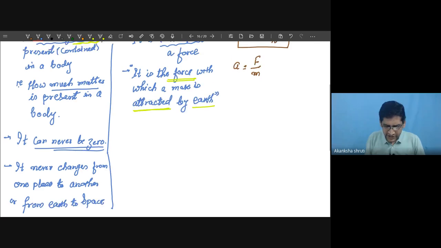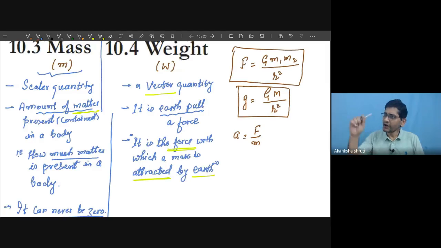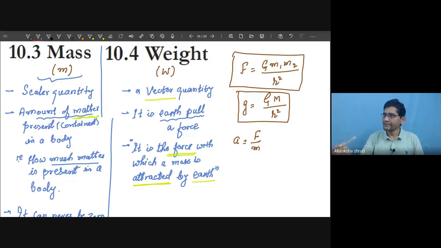But weight is not simply this matter present. So weight is the force with which it is attracted by earth. And we have learned that this force is given by, if we consider the earth mass as capital M, then the force exerted by earth over the small mass m is given by GMm by r square.